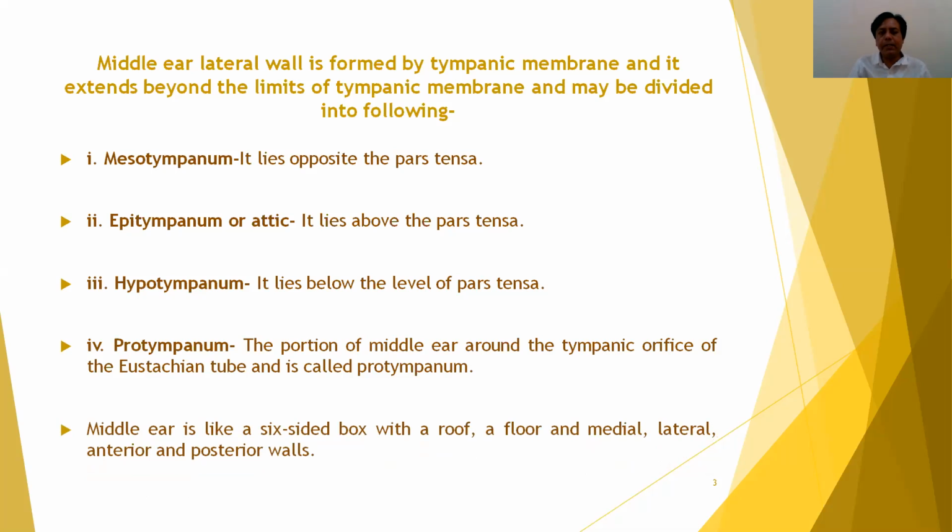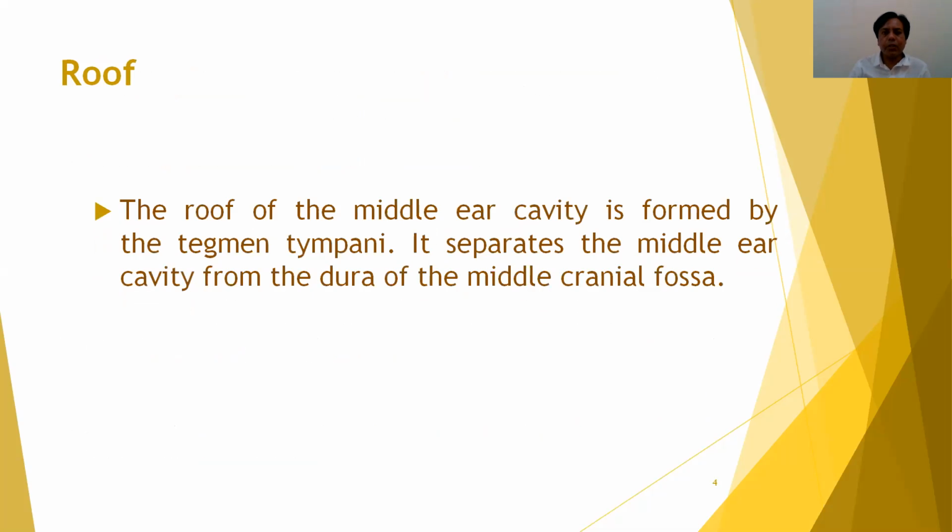Middle ear is like a six-sided box with a roof, a floor, and medial, lateral, anterior, and posterior walls. First, roof. The roof of middle ear cavity is formed by the tegmen tympani.